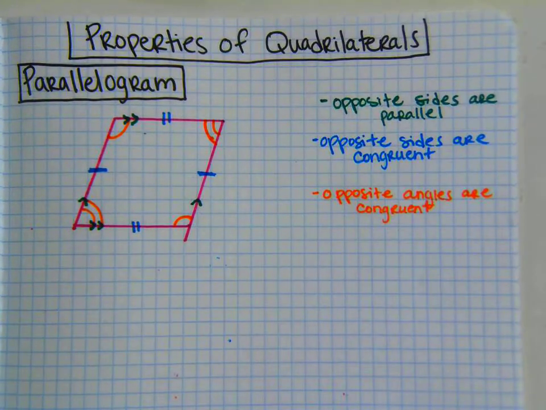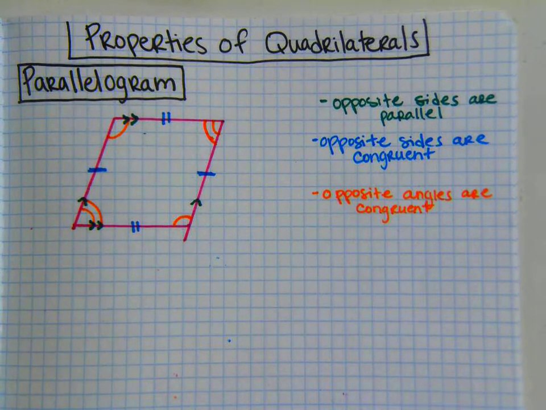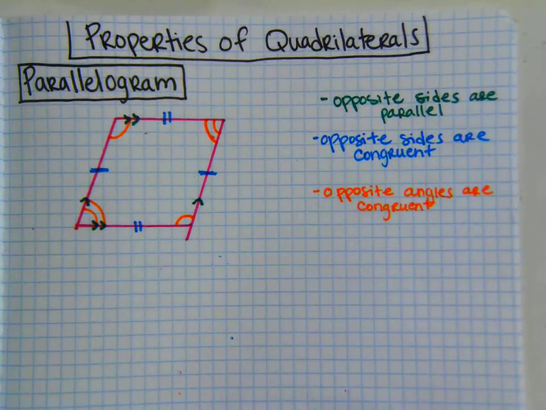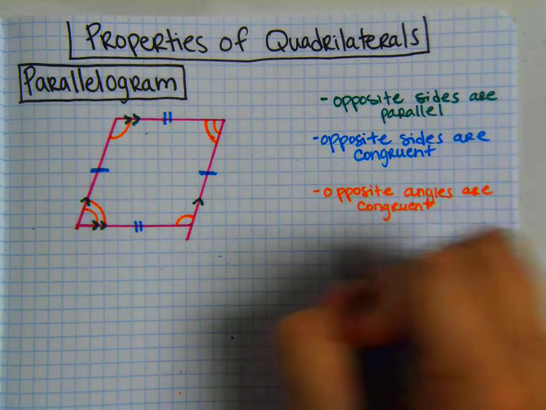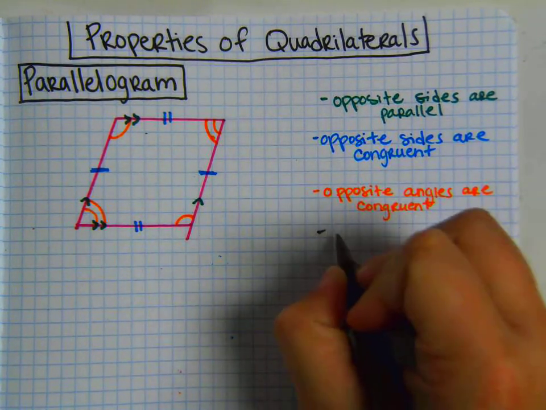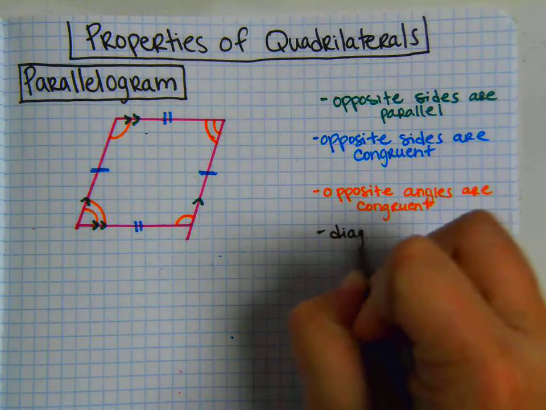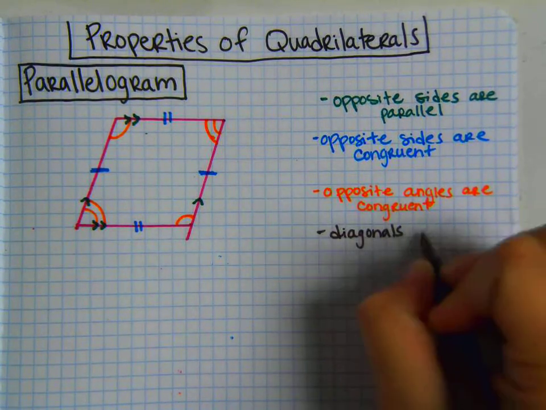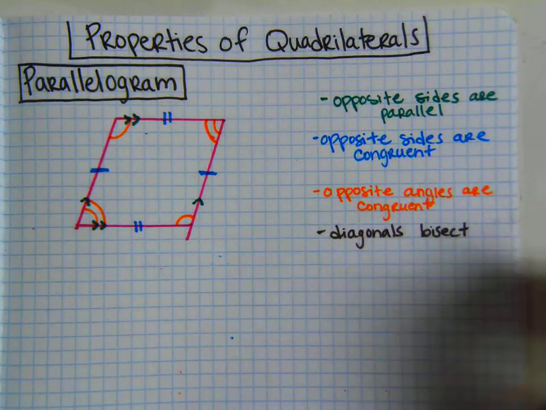Okay, so those angles are congruent. And then the last property that I'm going to give you is that the diagonals bisect each other.